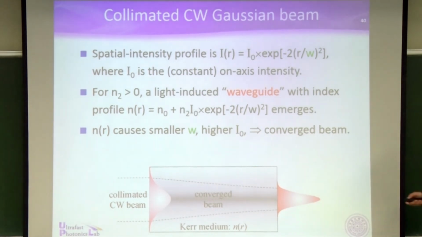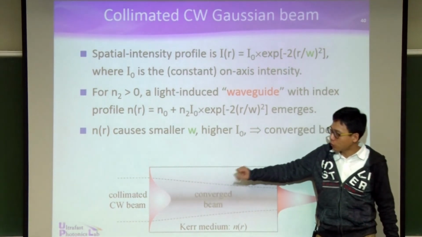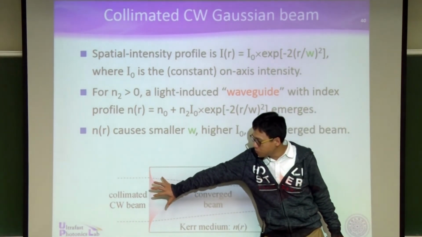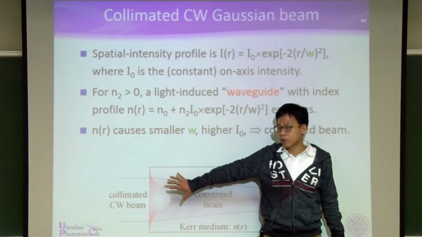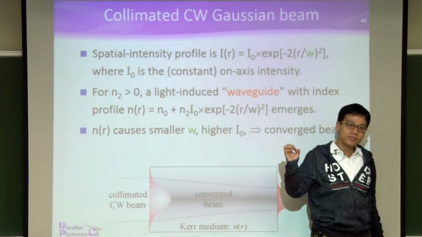So I use the darker tone in the middle to represent higher index regions, and the lighter tone in the surrounding area, indicating the lower index region. So there is a waveguide here. Okay? And what happens? When your input beam interacts with the waveguide, the beam radius will be reduced.